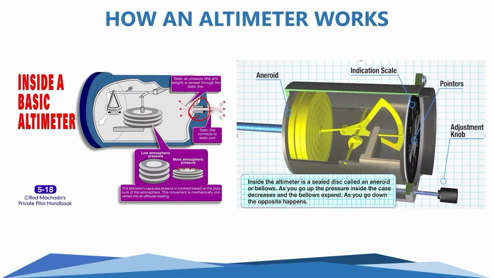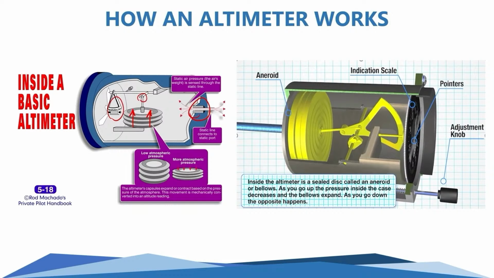So there's not as much pressure on this aneroid wafer, and it slowly starts to expand. Now, keep in mind, this is not expanding inches or anything along those lines. This is typically expanding in millimeters or fractions of millimeters. And as it expands and contracts, it's connected with a series of gears and linkages, and that's what we see on the face of your altimeter.